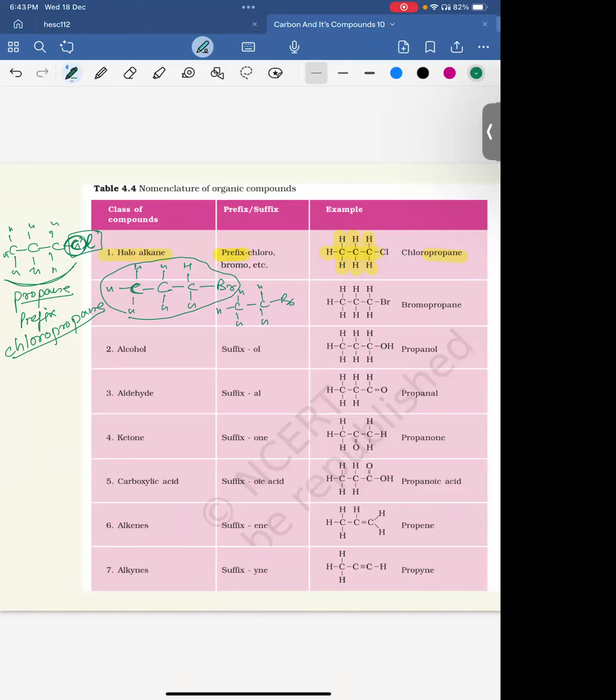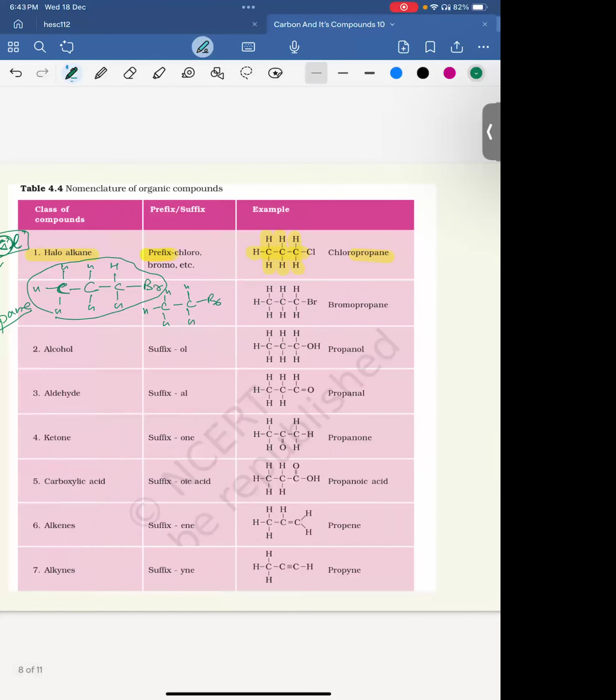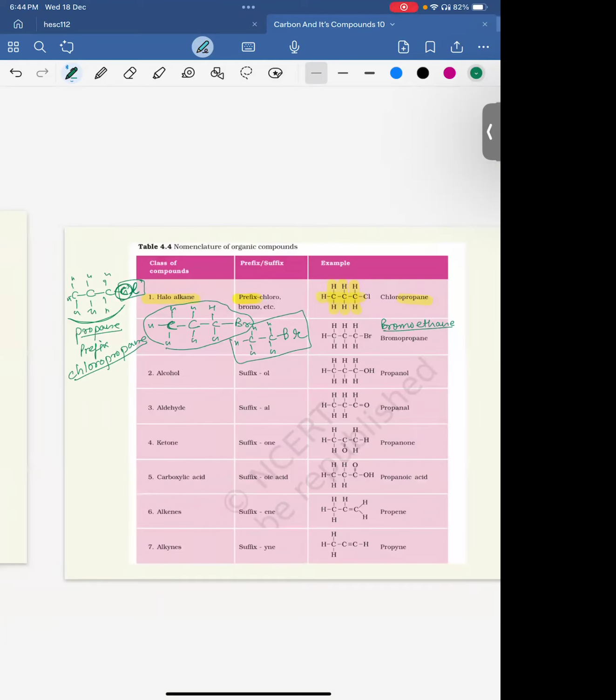Propane, one bromopropane. Okay. So you'll have to remember this. Bromopropane. Okay. And this one? Bromoethane. So is it clear how to name with halogens?